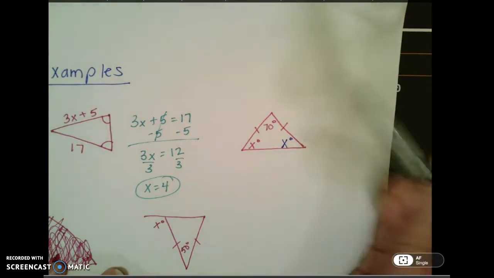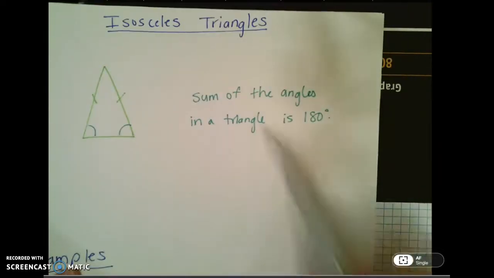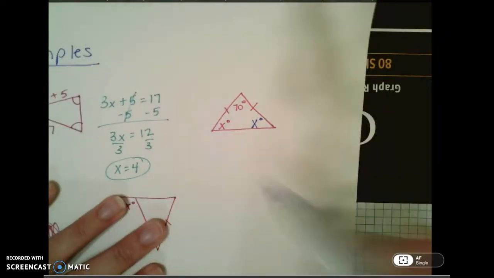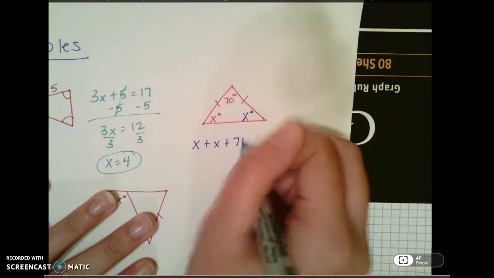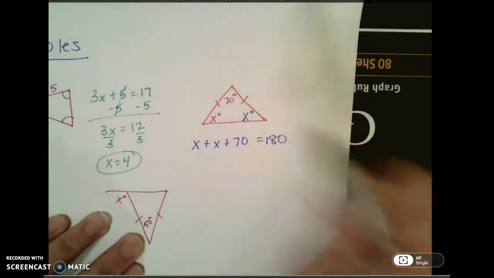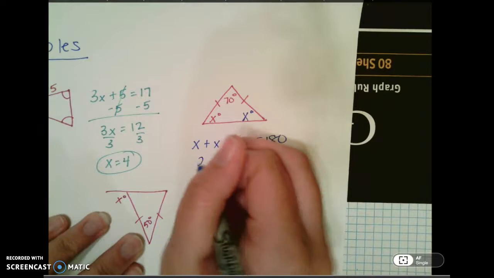Now, I have all three angles in my triangle, and we learned earlier that the sum of the angles in a triangle is 180. So I can add all of these up and say that x plus x plus 70 must be 180. You add up all the angles, it has to be 180. Well, x plus x makes 2x.